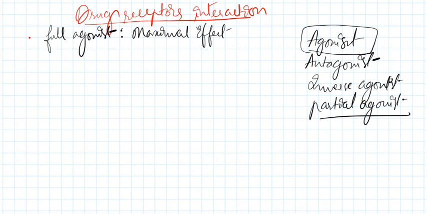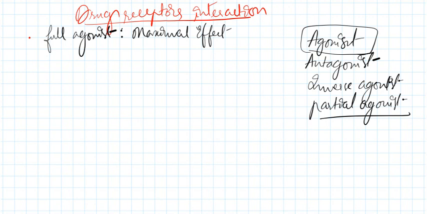For example, a chemical compound B produces blocking. Now if the same action is done by C when it is applied on the particular receptor, it's an agonist. Same action, similar action.